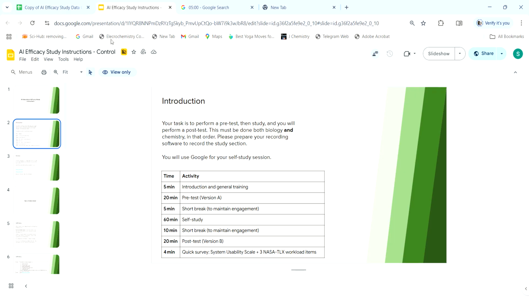Okay, so let's start the pre-test version A of biology, which is given here.